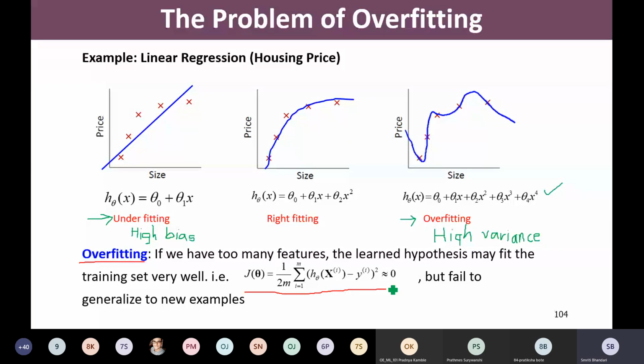So overfitting is prone to high variance, or due to high variance we face this problem of overfitting.